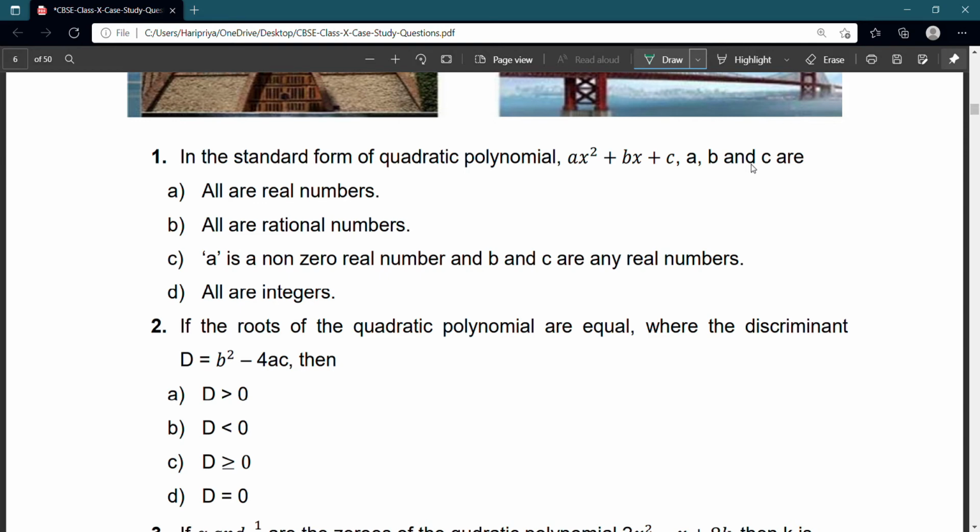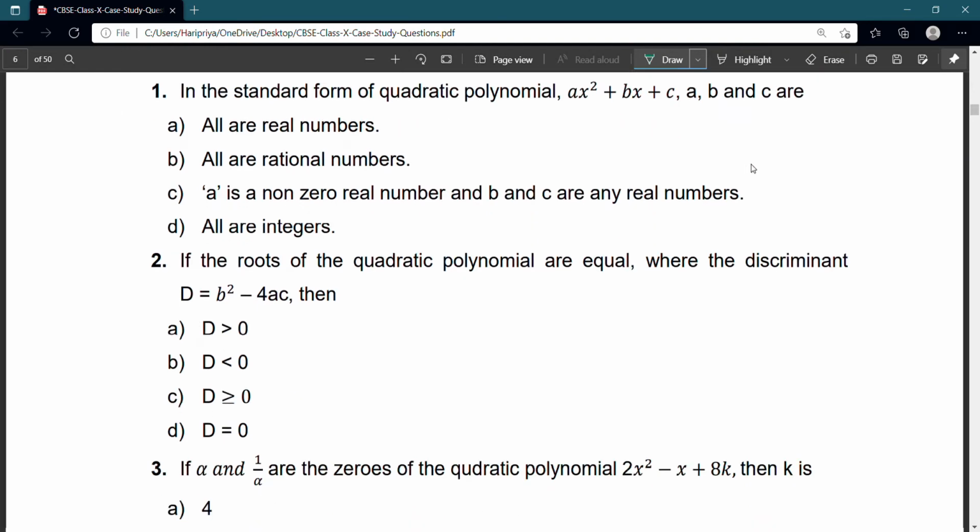And a is a non-zero real number, so it is not zero, but it can be either with a root or without a root, and b and c are any real numbers. And all integers means they will have negative as well as positive. In all three, a, b, c, everything is positive, so it is not integers. So the answer is: a is a non-zero real number and b and c are any real numbers.